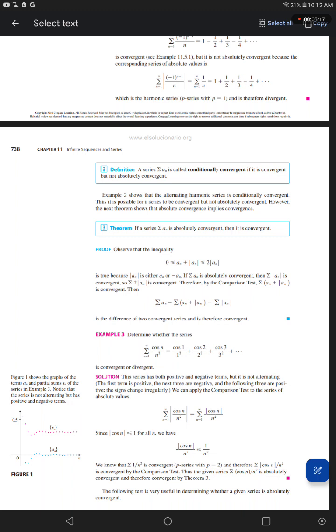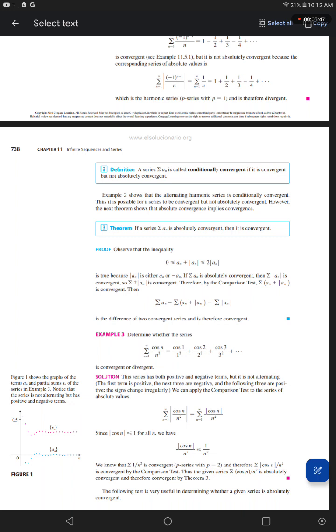Observe that the inequality 0 is less than or equal to a sub n plus the absolute value of a sub n, which is less than or equal to 2 times the absolute value of a sub n, is true because the absolute value of a sub n is either a sub n or negative a sub n.